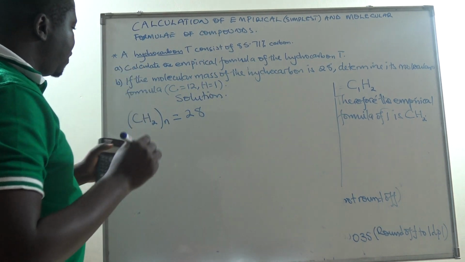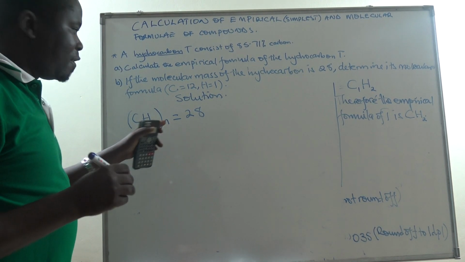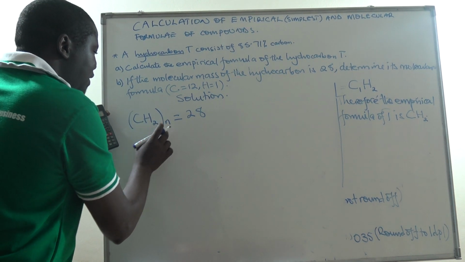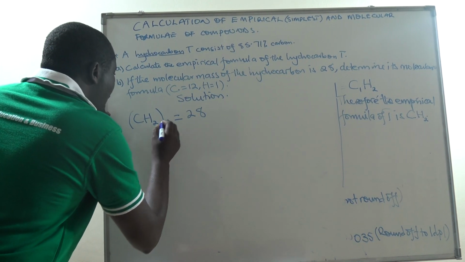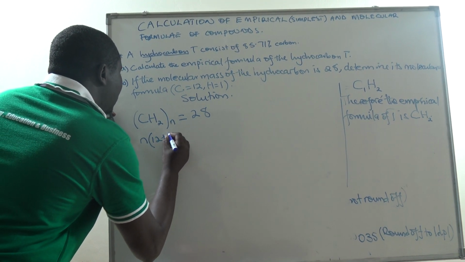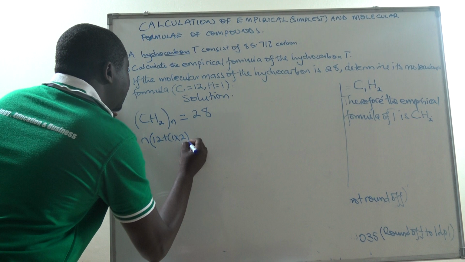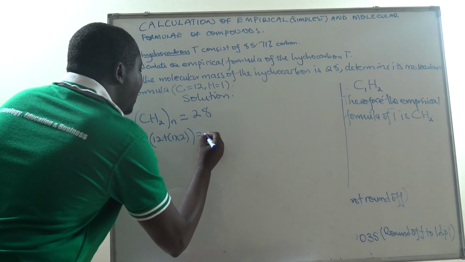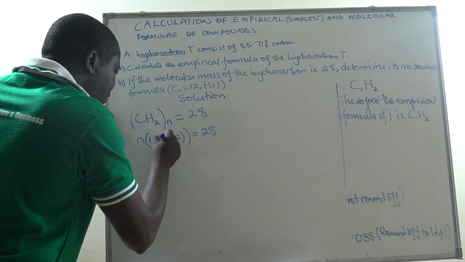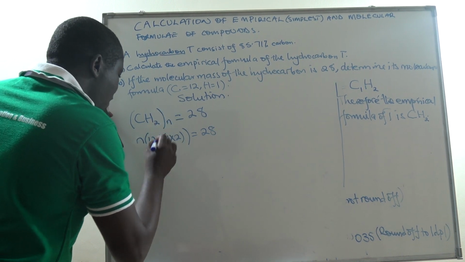Now what we are going to do is, in order for us to get the value of n, we are going to get the empirical mass here and then make n the subject. So our empirical mass will be n times 12 plus 1 times 2. It should give us a total of 28. So 12 plus 1 times 2 is 12 plus 2, which is 14.